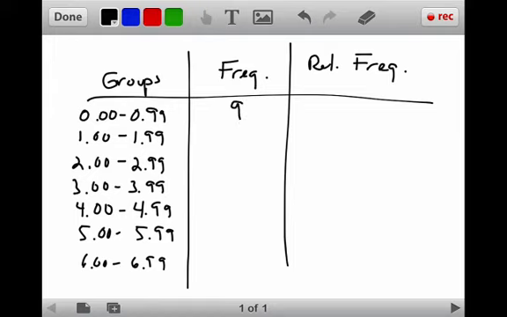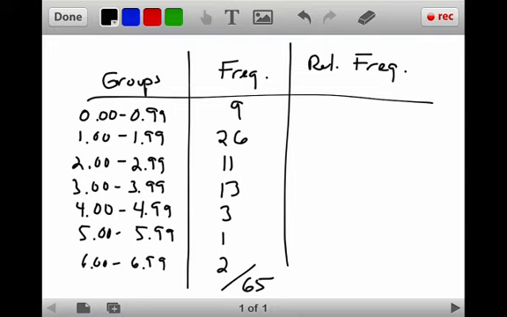For the second group, I counted 26. For the third group, I counted 11. The fourth group, I counted 13. Then I counted 3, 1, and 2. And if I am correct, if you add all of these up, you would get a total score of 65, which is your sample size.